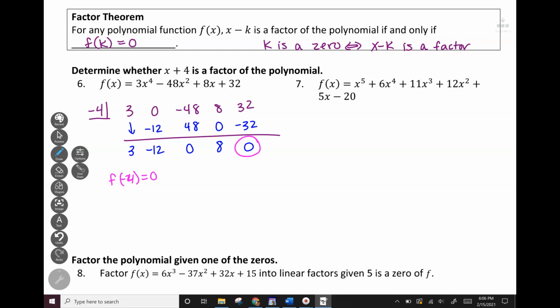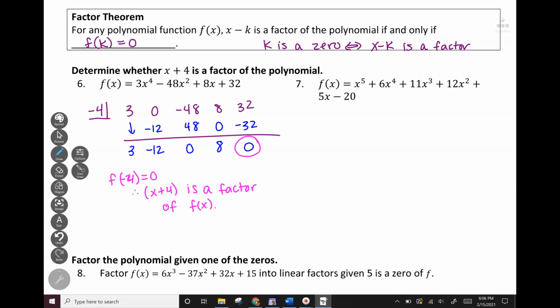But talking about the factor theorem, it means that x plus 4 is a factor of f of x. It is a factor.